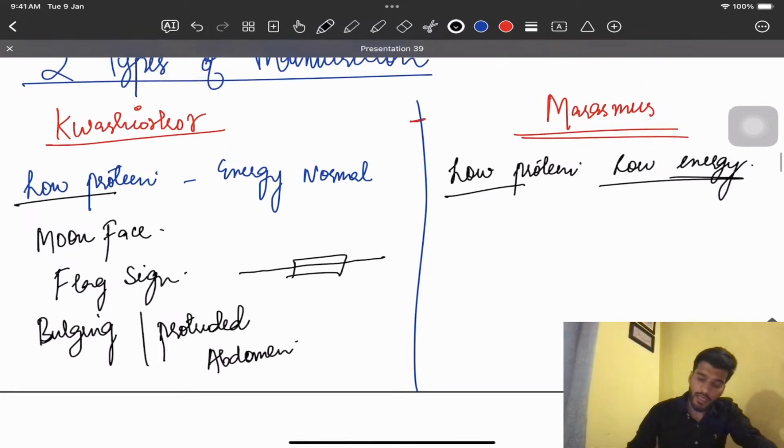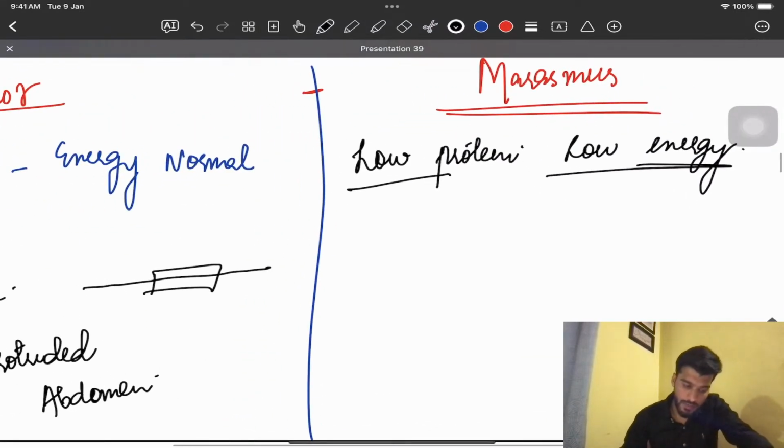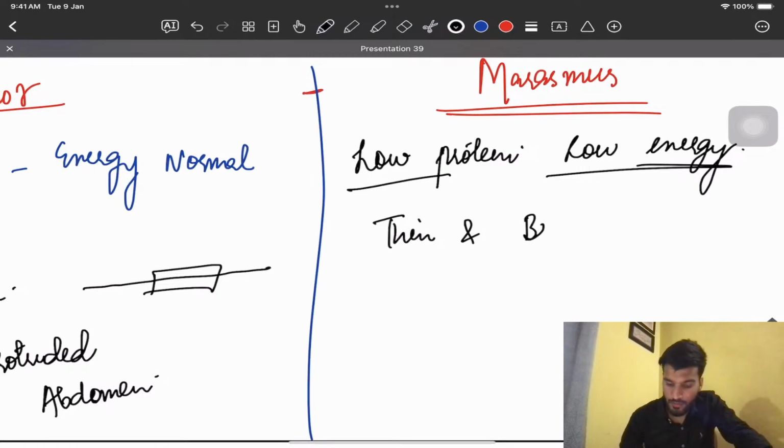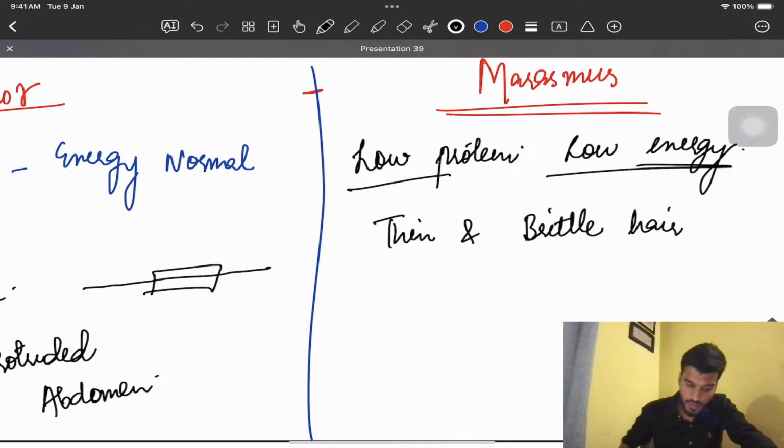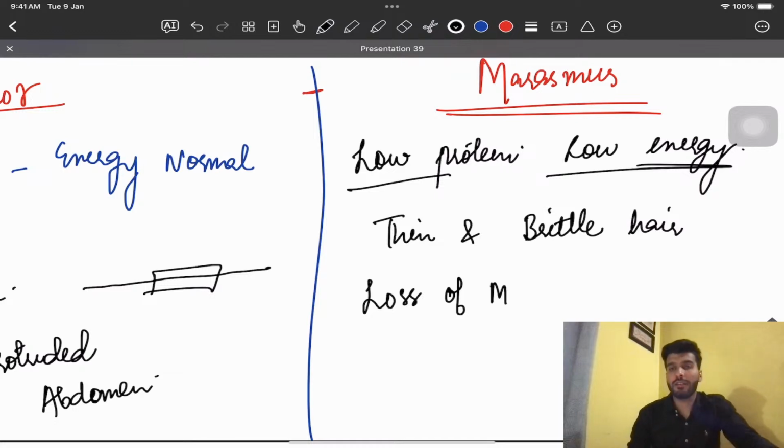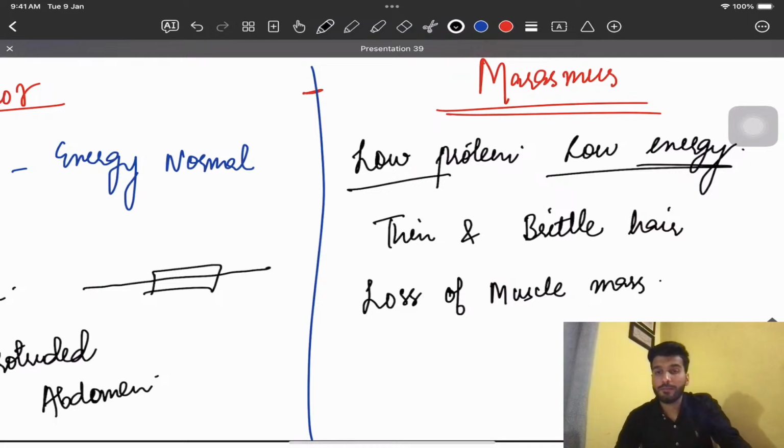In case of marasmus, remember, there is thin and brittle hair. The baby will have thin and brittle hair. There is a loss of muscle mass. Marasmus, it will be mara hua. So you remember like that. There will be shrunken abdomen.